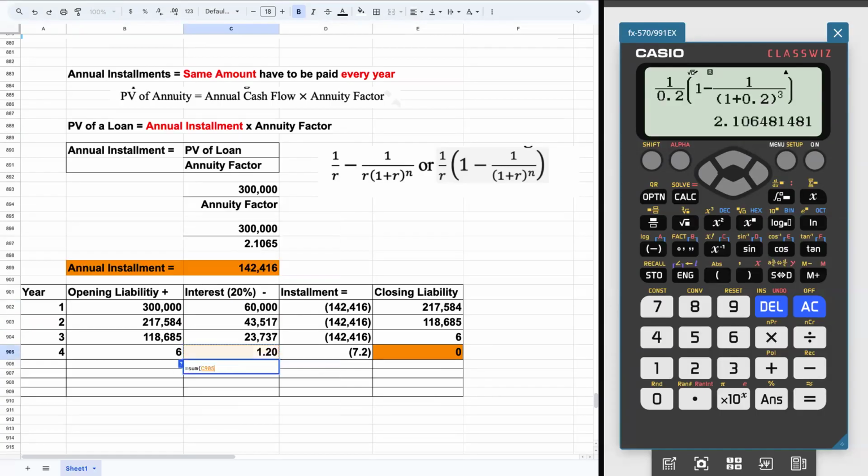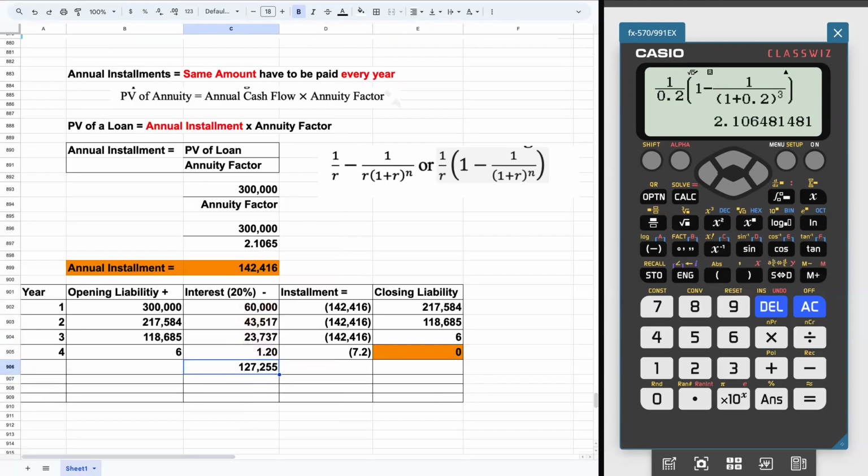If you add all these interests, this is the entire interest amount you paid. And how much you paid actually in cash, this is the amount, 427,255, right? And simply the total interest is 127,255 you paid extra than the 300,000 initial loan amount.